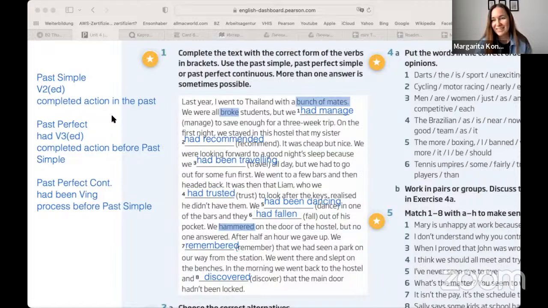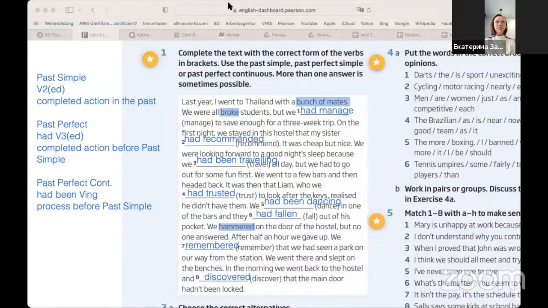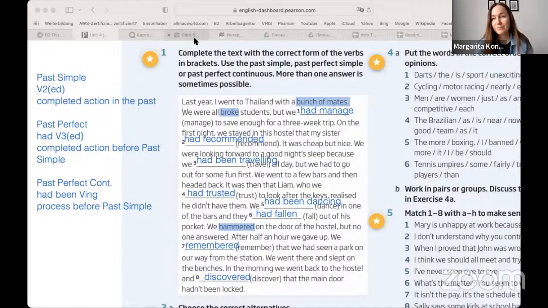And we так, спрятались. Hide, hid. We hid after the corner. Behind the corner.